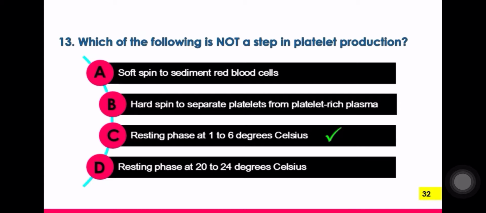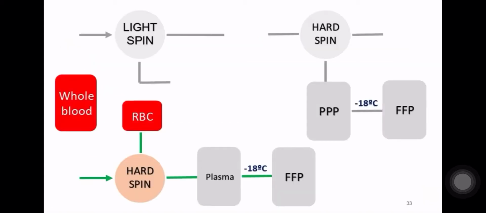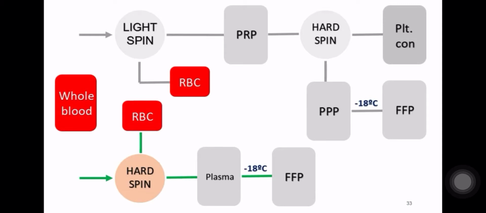Now let's go to the basic blood component preparation. Whole blood is subjected to light spin or soft spin to sediment RBCs, thereby separating the platelet-rich plasma. This platelet-rich plasma is then subjected to hard spin to produce platelet concentrate.